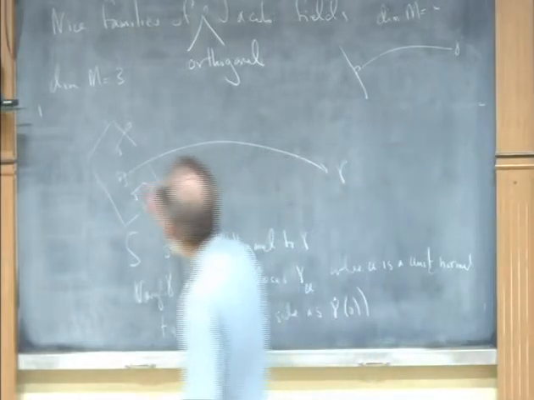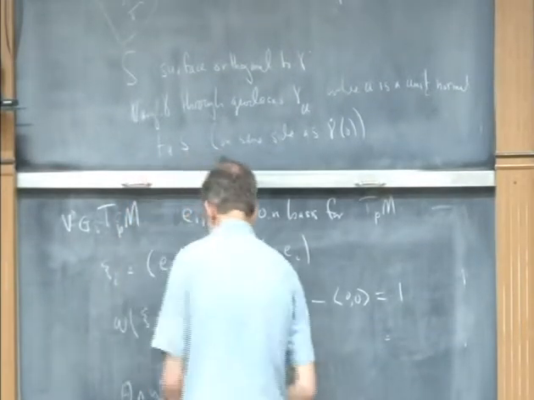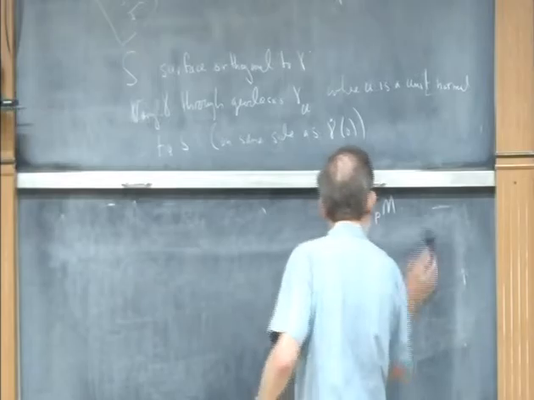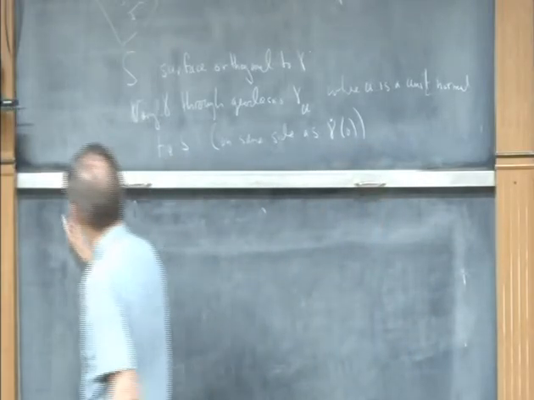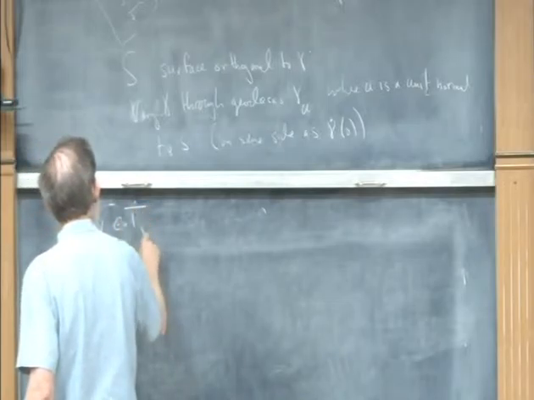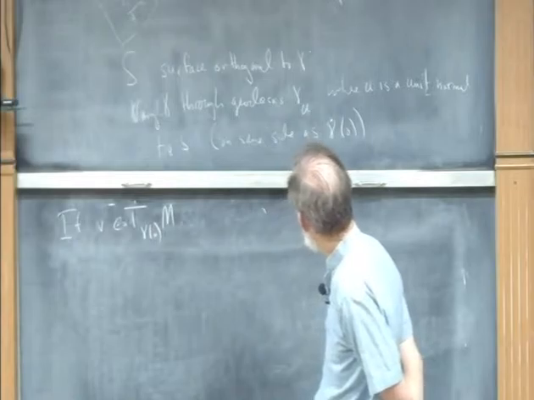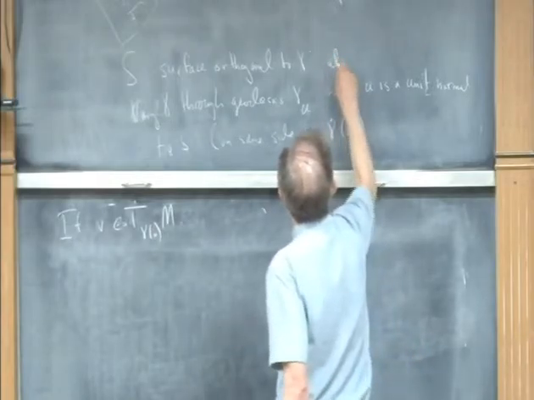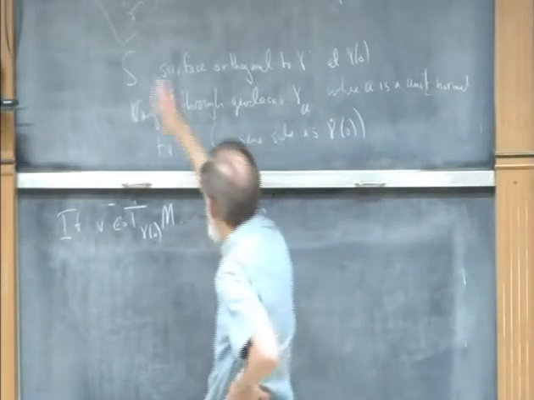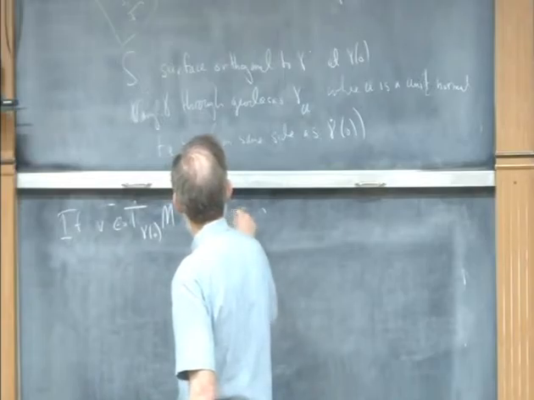And now if I pick a vector V, that V in the picture is meant to be tangent to S. So V is a tangent vector at the point gamma of 0, which is the point where gamma goes through S. So if I have a vector V tangent to S, there is a Jacobi field.